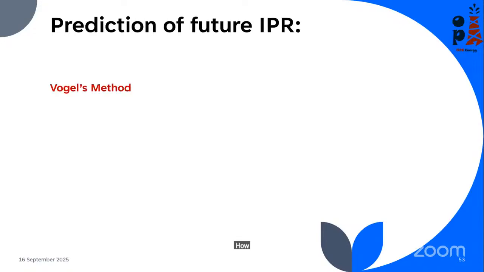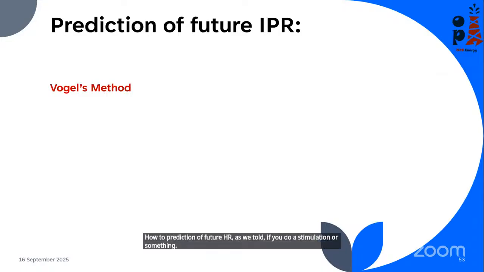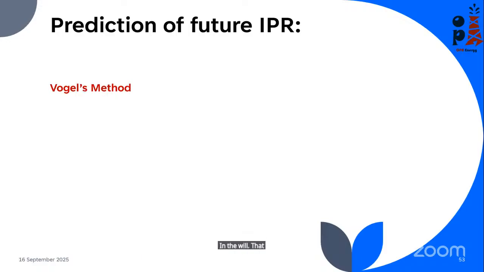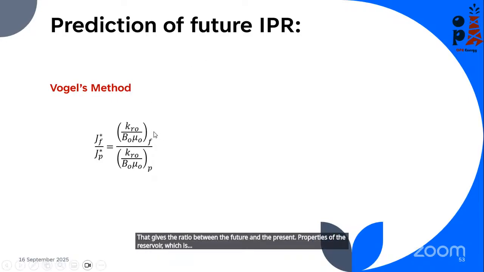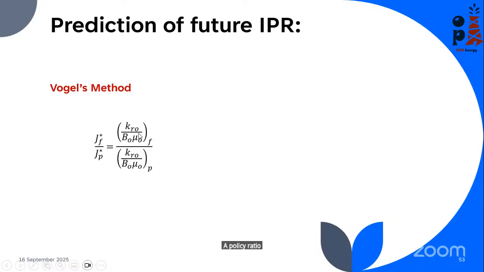How to predict future IPR? As we said, if you do a stimulation or something in the well that affects productivity, you have the Vogel method that gives the ratio between the future and the present properties of the reservoir, which is the mobility ratio, or the future and present ratio of permeability and the formation volume factor.